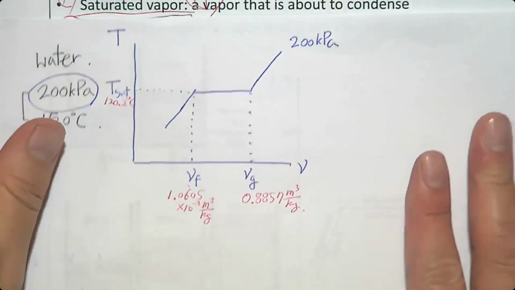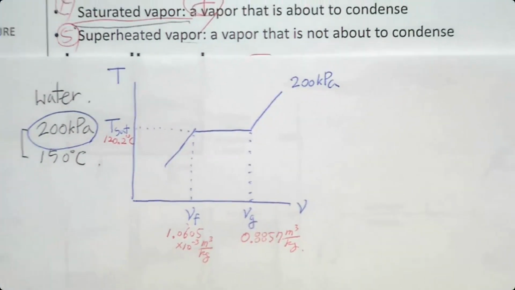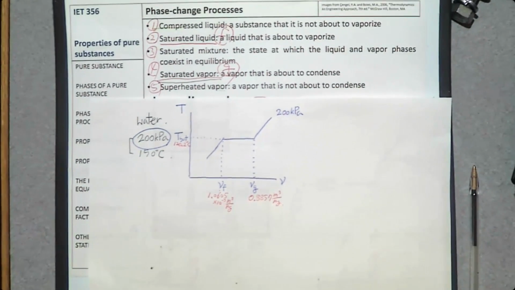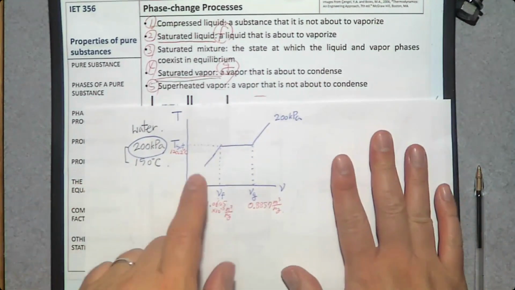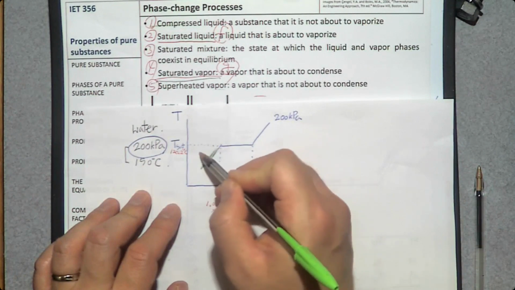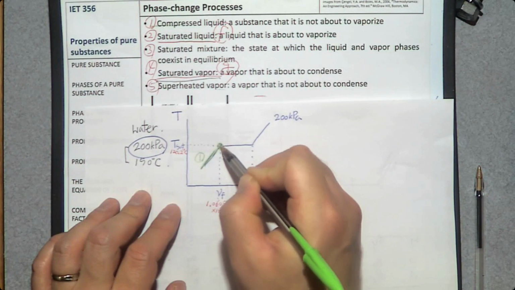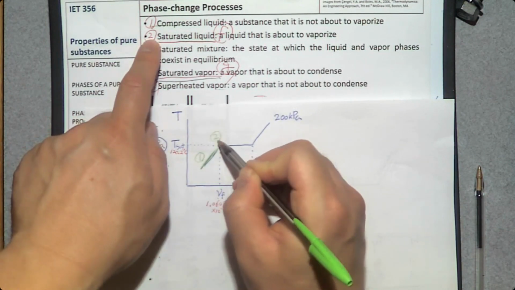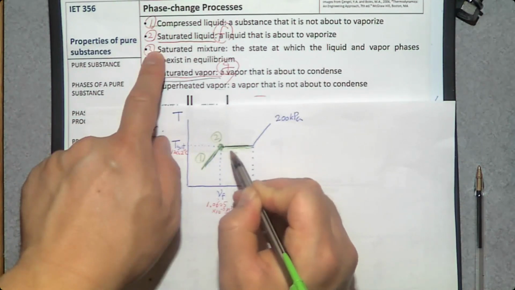Now let's find where is number 1, number 2, 3, 4, 5, the phase change processes. On this TV diagram, this line represents number 1, compressed liquid. This point represents number 2, saturated liquid. This line represents number 3, saturated mixture.